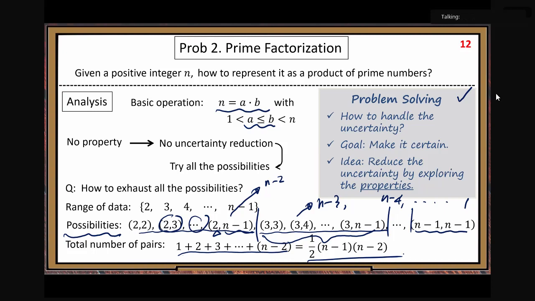That's the way we exhaust all the possible pairs. That's what we call the brute force method.